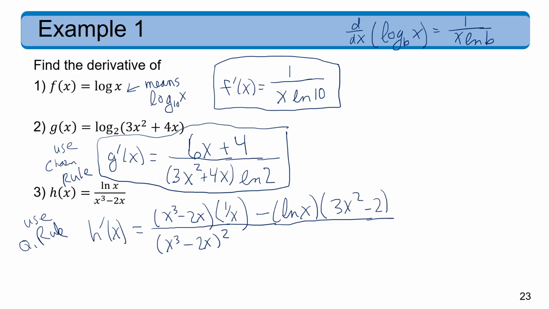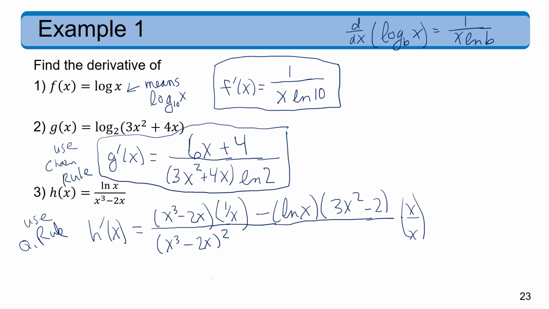Then you could do some simplification. I might multiply top and bottom by x, because that would clear out this fraction within the numerator. So, times x over x.